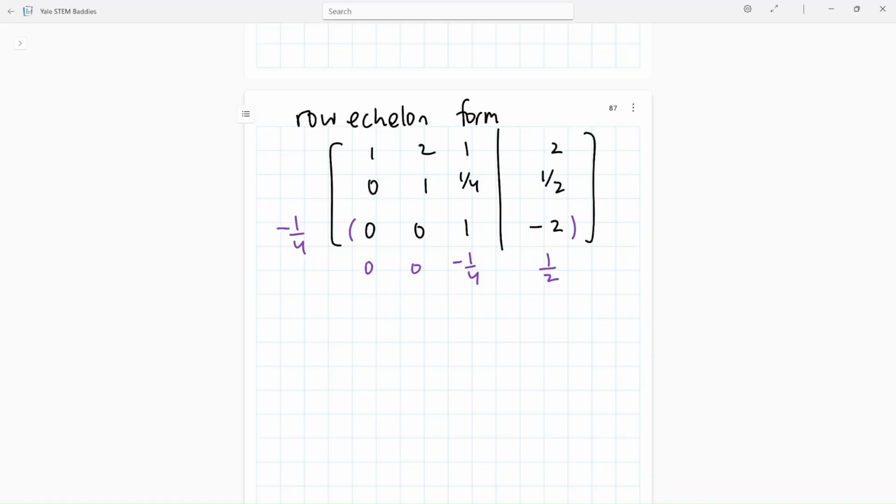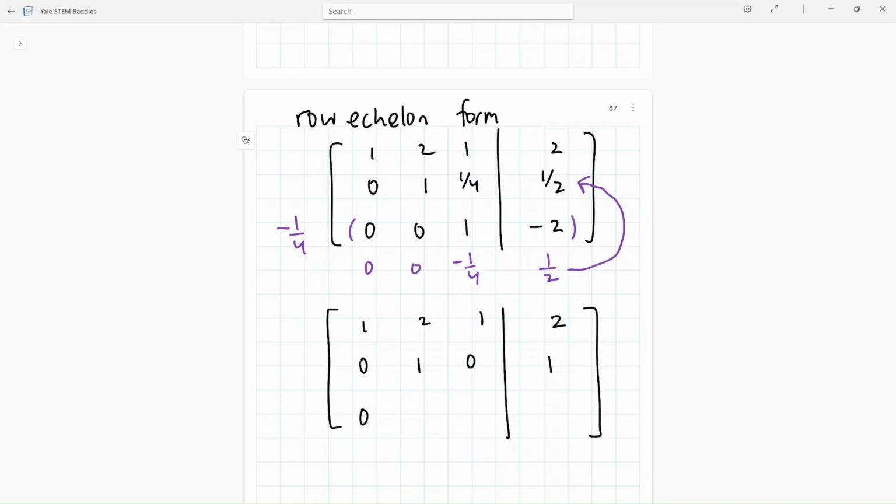Okay, that's nice. And then let's add this scaled row to that middle row. So what's that going to give us? 0 plus 0 is 0. 0 plus 1 is 1. Negative 1/4 plus 1/4 is 0. 1/2 plus 1/2 is 1. Very nice.